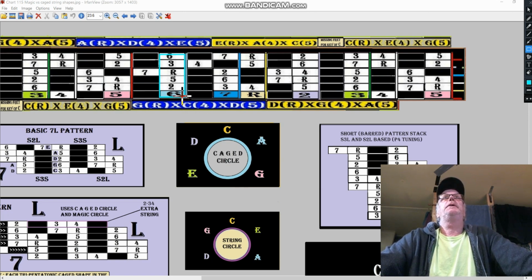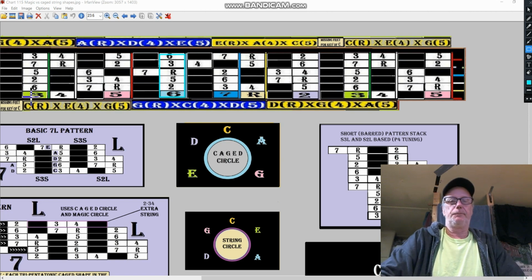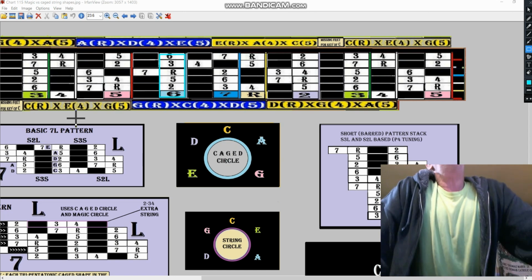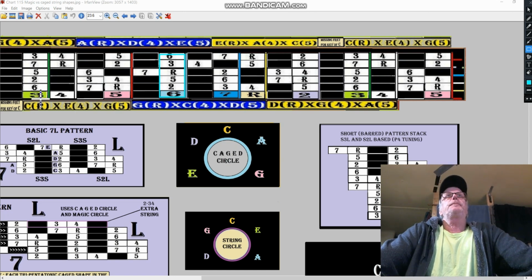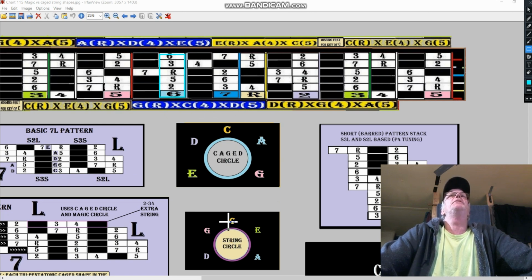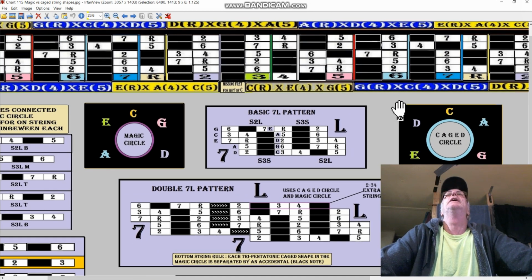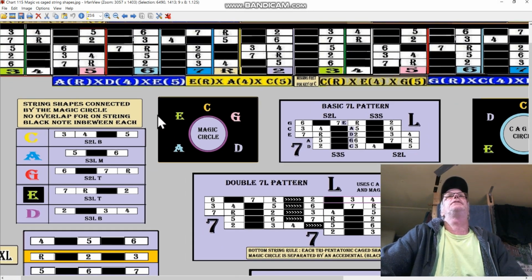So when we look at this 3 here, okay, just had to do some coughing there. When I look at the 3, and this is the C shape here, right? We go up 1 string in the string circle. So from the C shape, which is 3, 4, 5, which is now, sorry, we have to get out of this. We've got to get in a hurry here, because I've got to connect these ideas and get them across to you. Remember, this is the C shape.